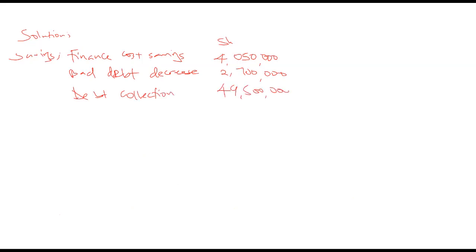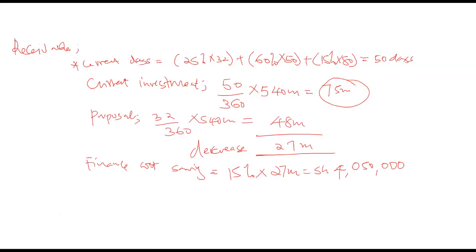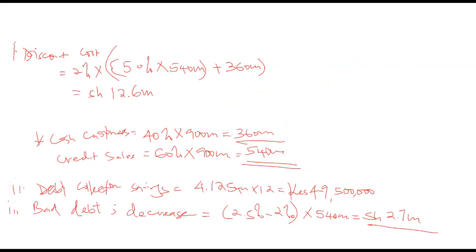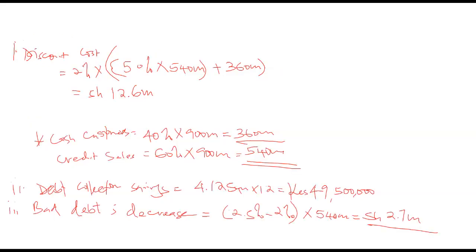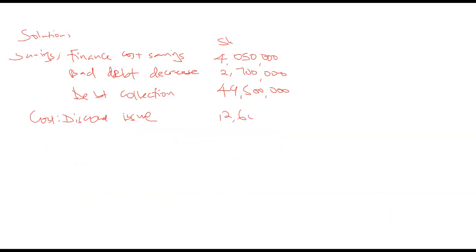Then we get our costs. We have discounts which we are giving. Only discount. Yes, only discount. So the cost here is a discount issued. We got 12.6 million.